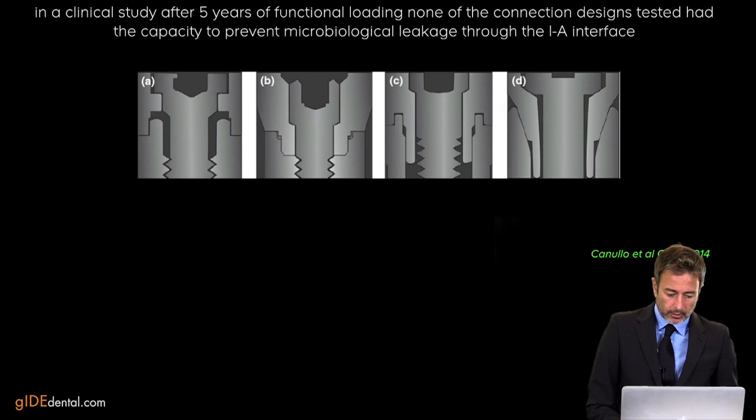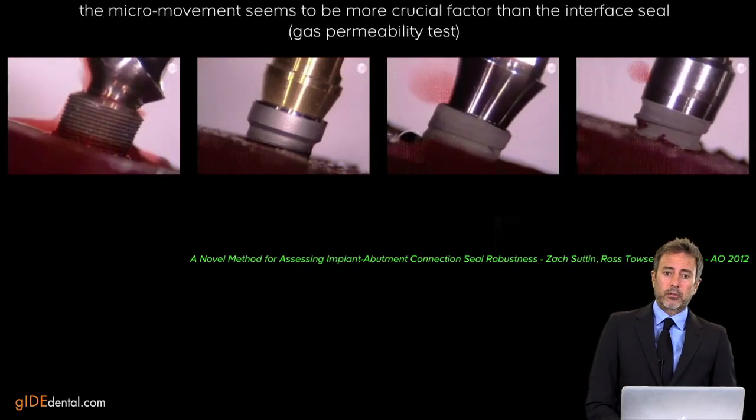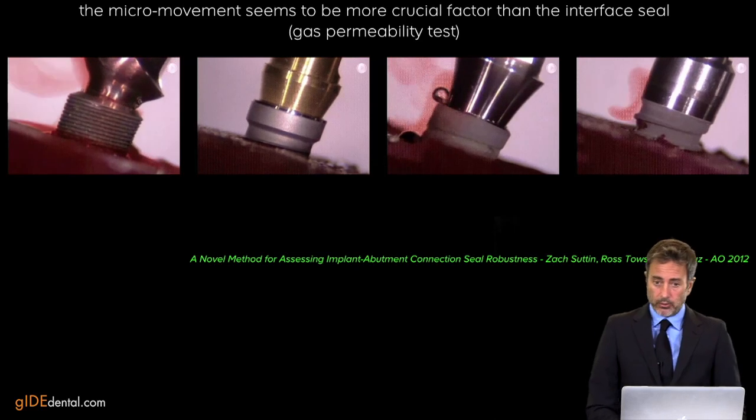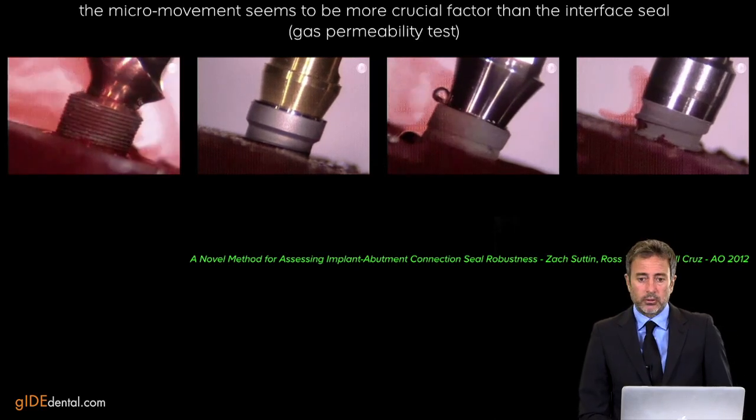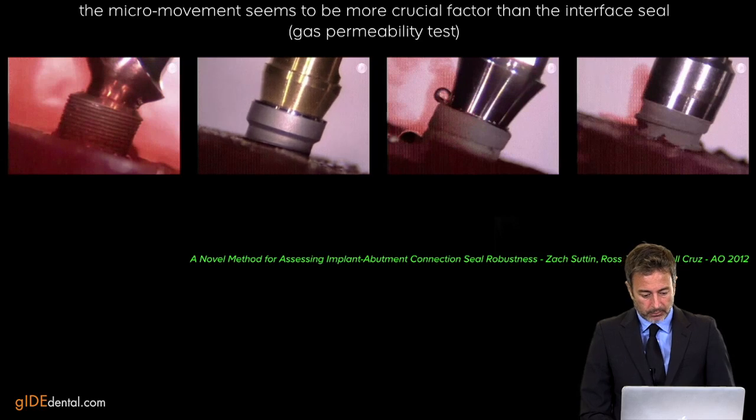You see here a clinical study from Canullo and co-workers: after 5 years of functional loading, none of these connections could prevent microbiological leakage. So there is no perfect seal. Even famous conical connections fail, and this failure is also greater during function, like you see here in this small experiment.